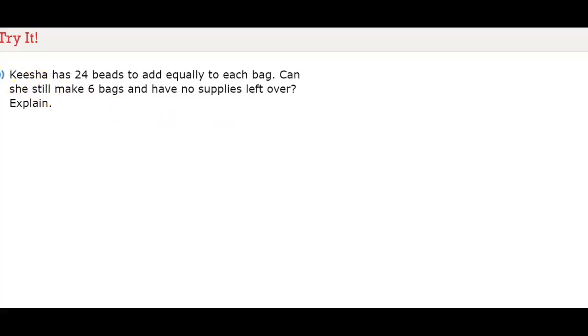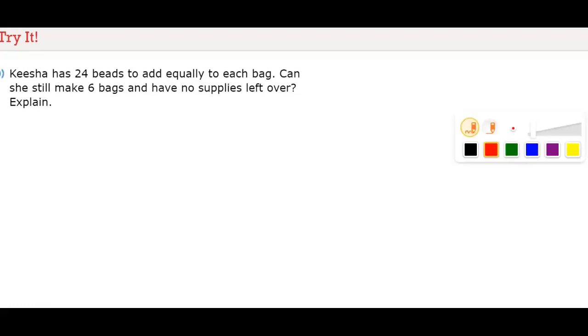Now let's look at this question. Keisha has 24 beads to add equally to each bag. Can she still make 6 bags and have no supplies left over? Explain. The greatest common factor was 6 from the example. So they want to know if she can still have those 6 bags with no beads left over if she has the 24 beads.